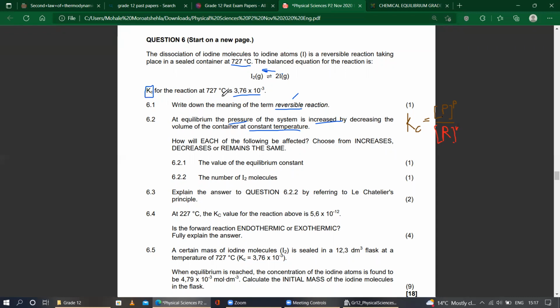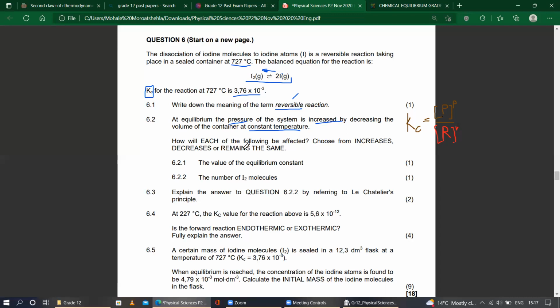If the concentration remains the same, the temperature remains the same. Yeah, because temperature is the one that changes the value of Kc. Pressure just affects the chemical equilibrium, but it doesn't affect the equilibrium constant. You understand that part?